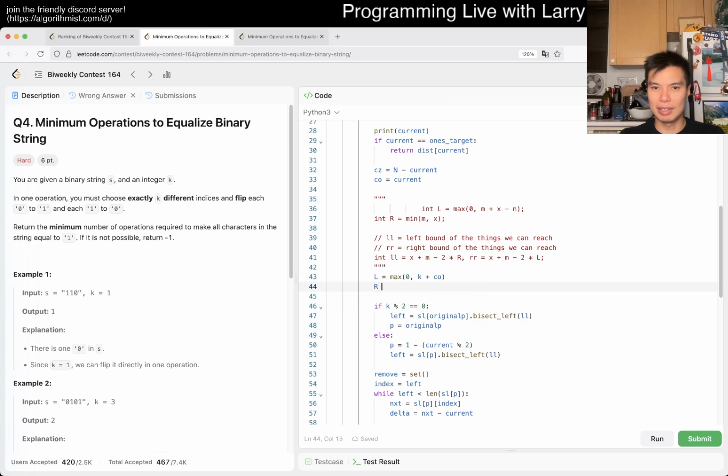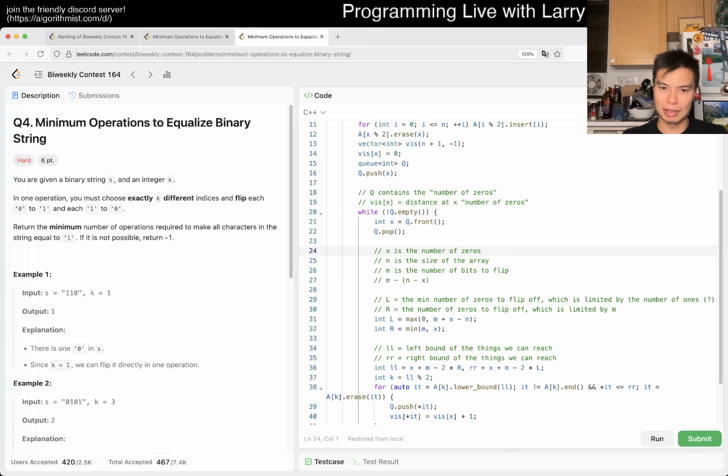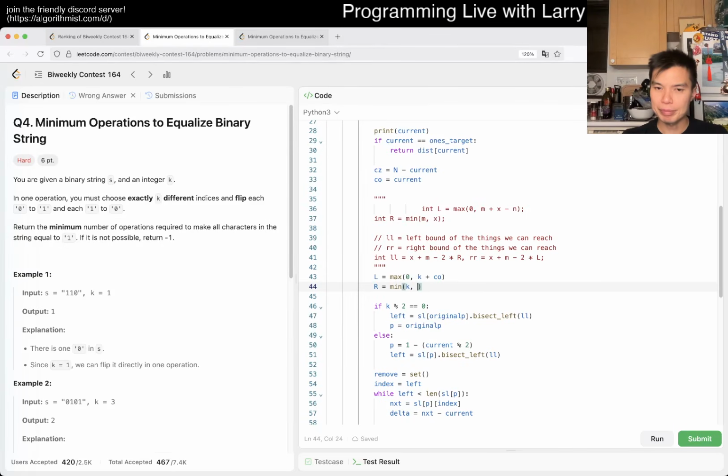And then R is equal to min of K, and I have to remember that she did it the other way, so maybe some of this is a little bit off in terms of ones and zeros, because we're going from 1 to 0. Actually, we end up doing the same thing, except our starting and end states are different. I think that's the only thing.